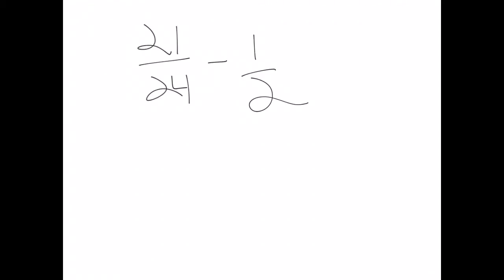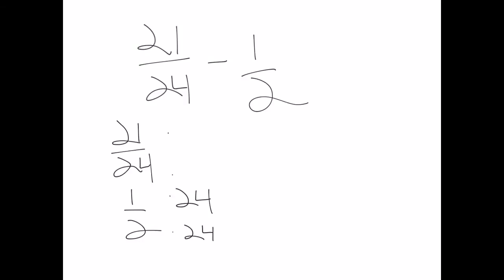So you're going to take 1 over 2, which is half, and then you're going to multiply the opposite denominator. So multiply this by 24.